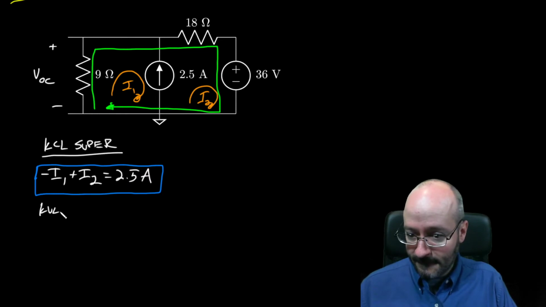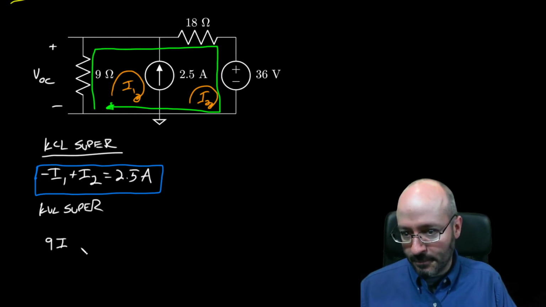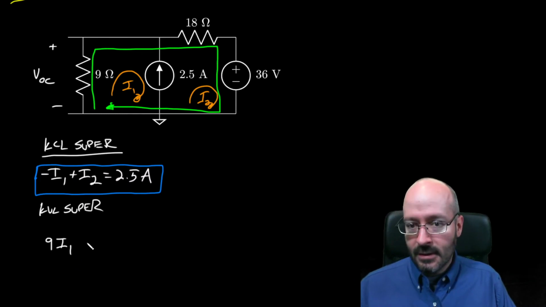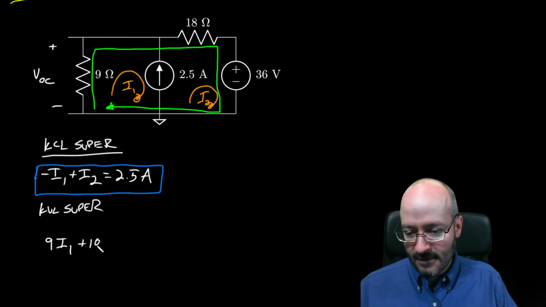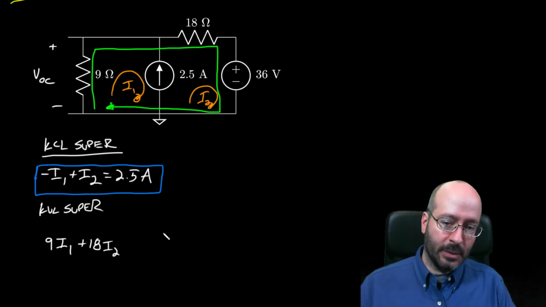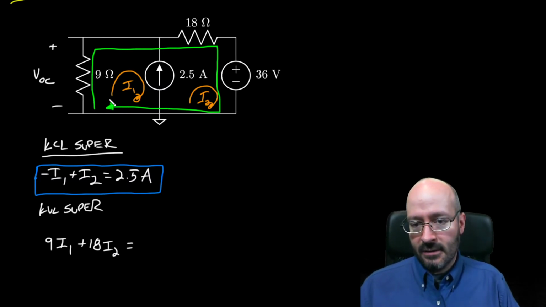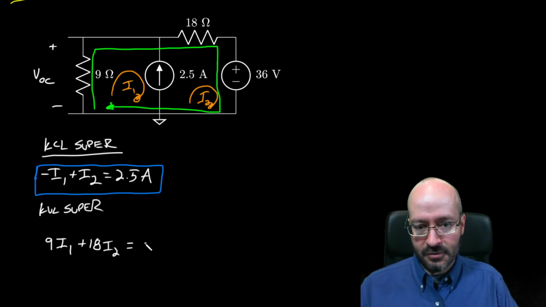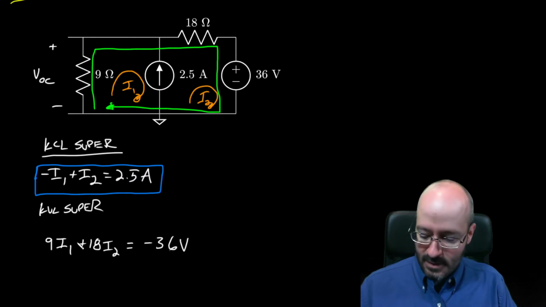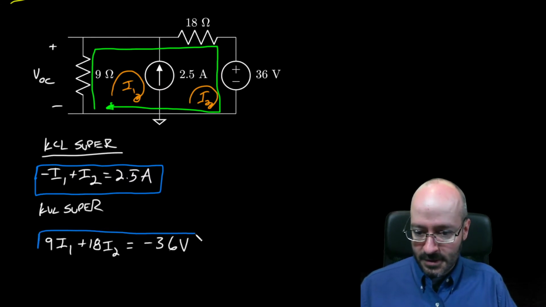It shares 9, so it's going to be positive because I1 is part of the super loop. What does I2 share with the super loop? It shares 18, and again it's positive because it's part of the super loop. And then looking for any sources, it looks like we drop across the 36 as we move counterclockwise. Okay, and there's our second equation.